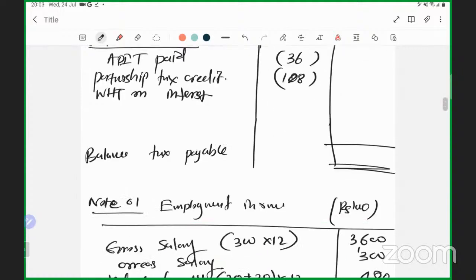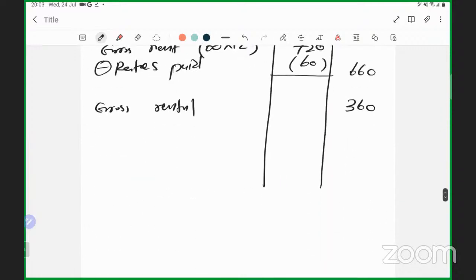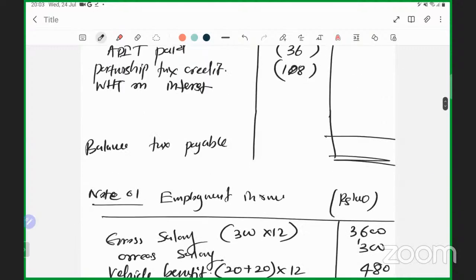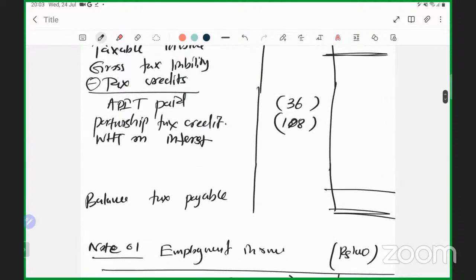You must keep in mind the withholding tax rates. The withholding tax rate for interest is 5%. The withholding tax rate for rent is 10%. The withholding tax rate for dividend is 15%, and that 15% is a final tax.